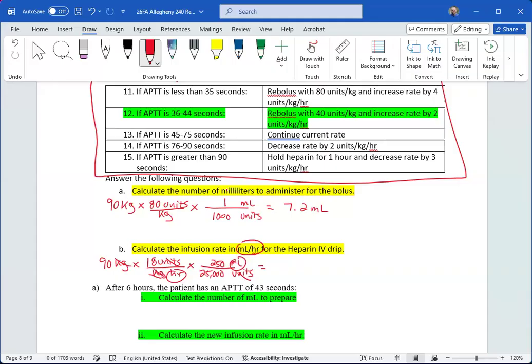So 90 times 18 divided by 100, and I get 16.2 ml per hour. 16.2 ml per hour.